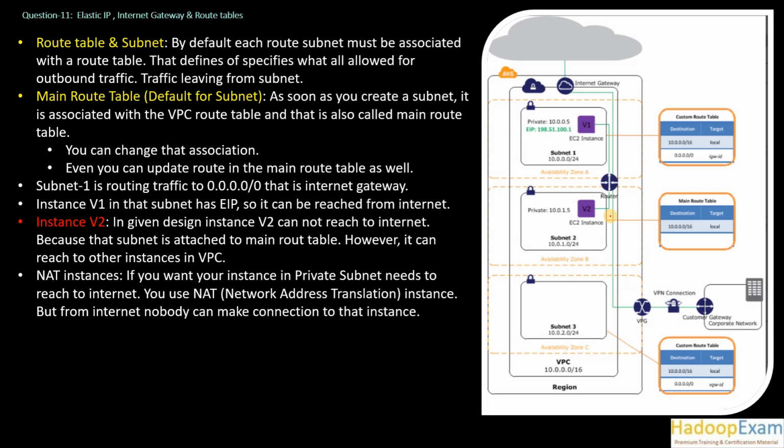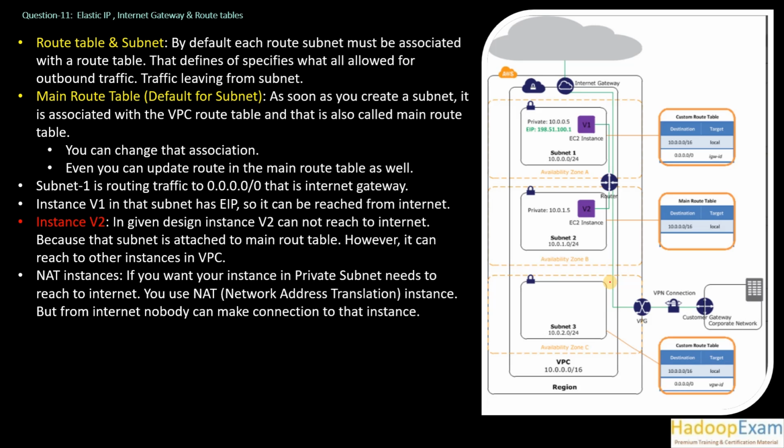NAT instances, you need to understand this concept as well. Network address translation. Suppose your instance is in a private subnet. Private subnet means it is not attached to the internet gateway or VPN or anything, and it wants to reach the internet to download some software from some website.